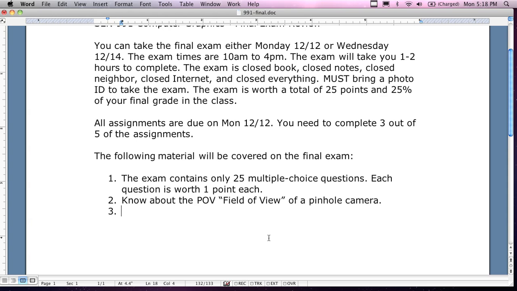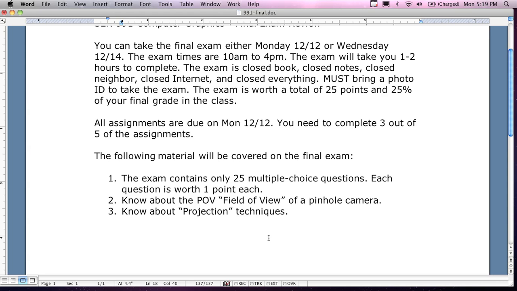Question number 2 is about projection techniques. So know about projection techniques. I will also be posting this Word file that I'm typing on bhacker.com, and I'll put a link there as well, so if your notes aren't so good, you can use my notes.